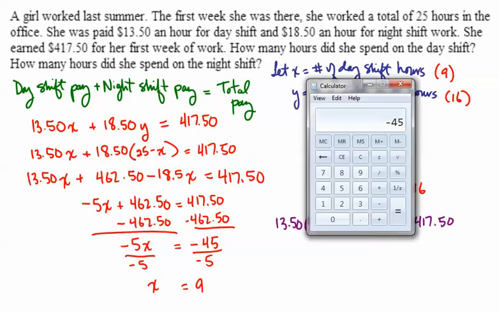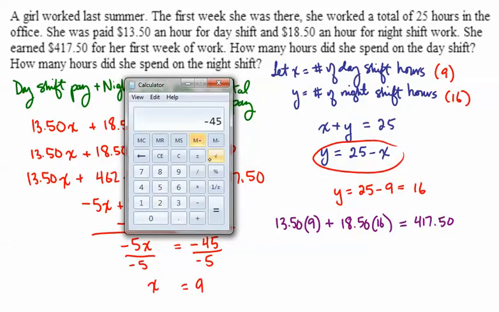Using the calculator, we get 13.5 times 9, which is 121.50. Then 18.5 times 16, and that equals 296.